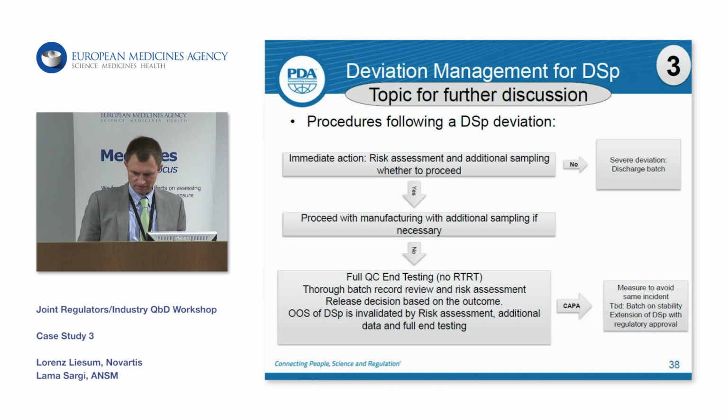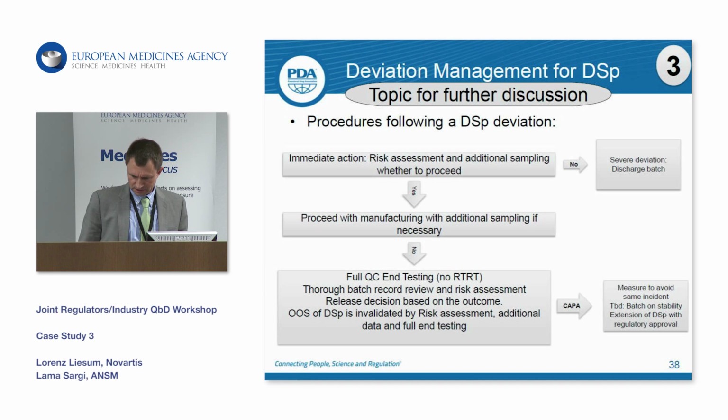There should be very clear documentation of the complete deviation, and it should be very transparent too. And at every step of this deviation handling, there should be clear risk communication to enable the decision takers to take a decision about the batch.